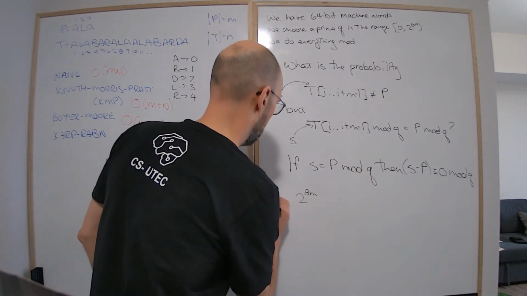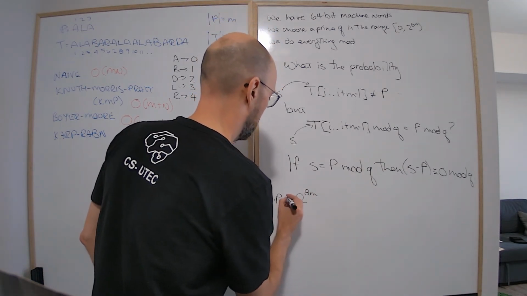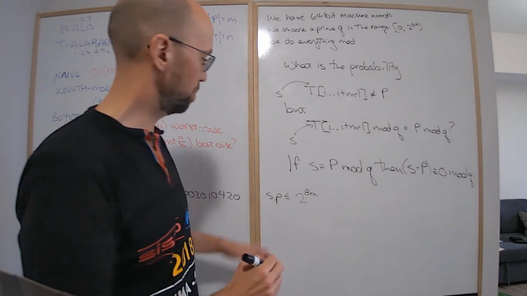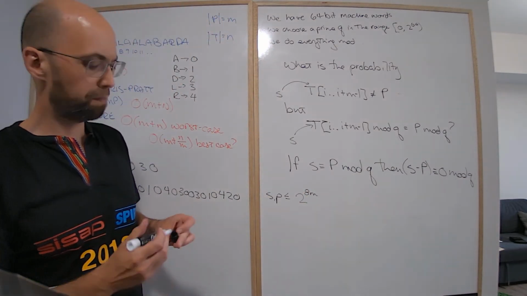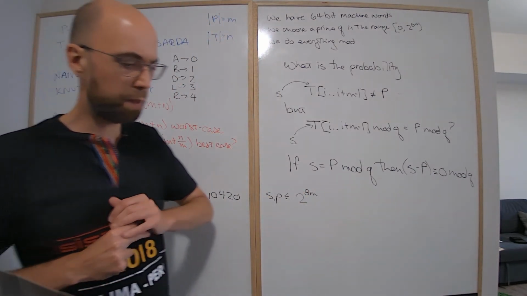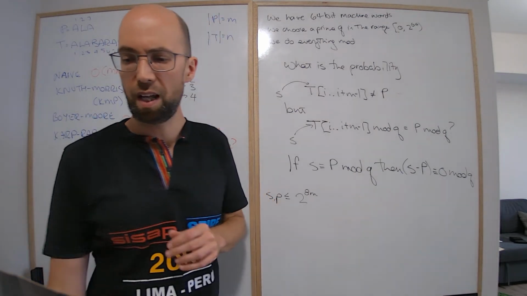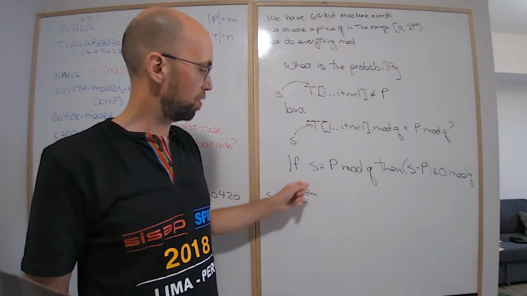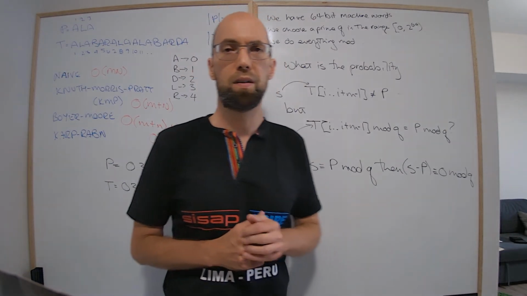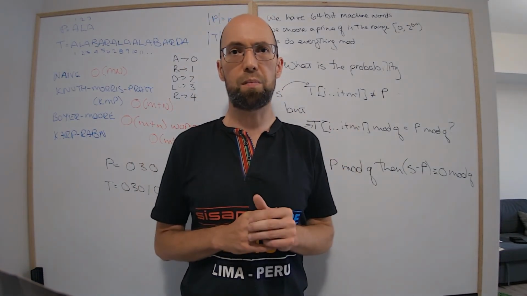So S and P, as numbers, are less than 2 to the 8m. So how many prime factors can there be in a number that's about 2 to the 8m? Okay, so that's the size of S and P viewed as numbers.